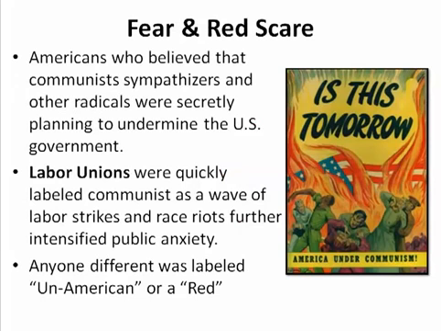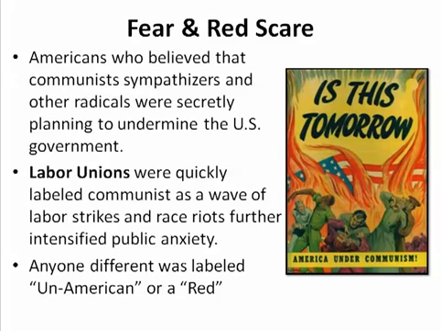And so the Red Scare is the fear where Americans believed that communist sympathizers and other radicals were planning to undermine the U.S. government. Labor unions were under attack a lot by people who felt that labor unions were attacking business. Therefore, they were communists. A lot of people in labor unions are going to be labeled as communist.